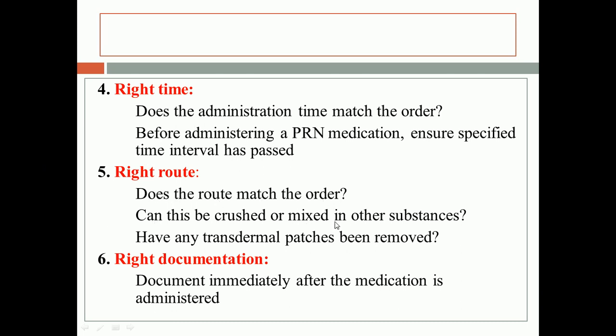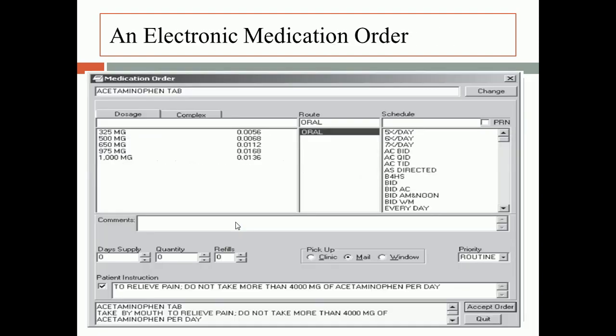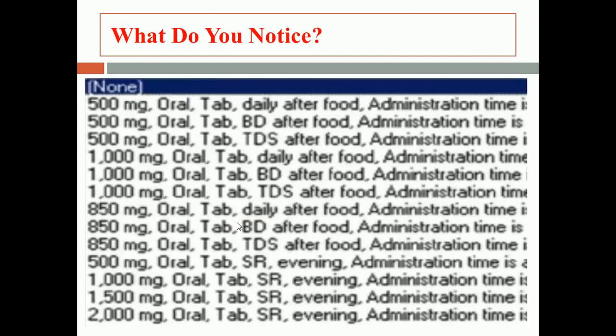Can this be crushed or mixed in other substances? Have any transdermal patches been removed? So here many tablets, for example, we just saw an example here, 500 mg tablet SR, 500 mg tablet BD. So SR is sustained release.